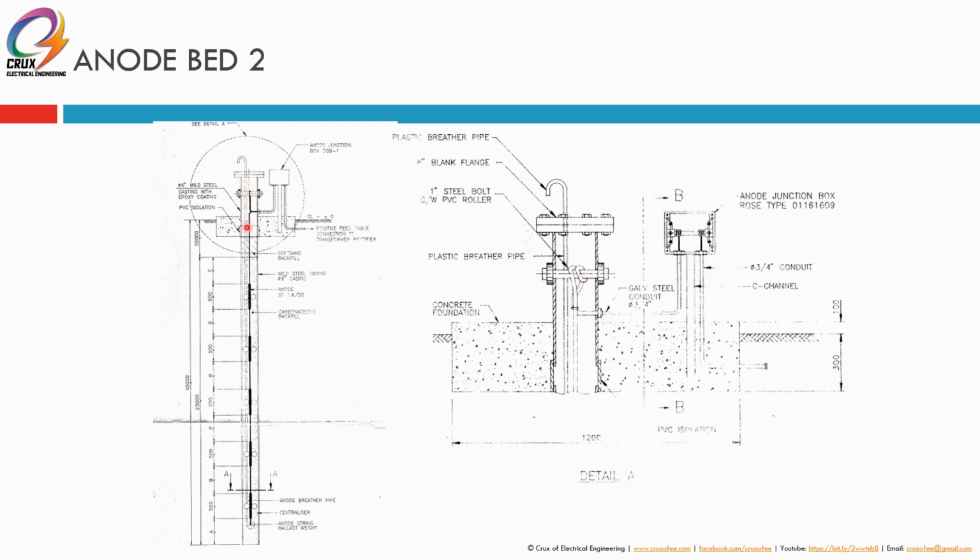Normally you hang this anode, then you backfill this 8-inch casing with the ground enhancement material almost all the way to the top. Then the anode is connected to the positive anode junction box, which goes directly to the positive side of the rectifier.